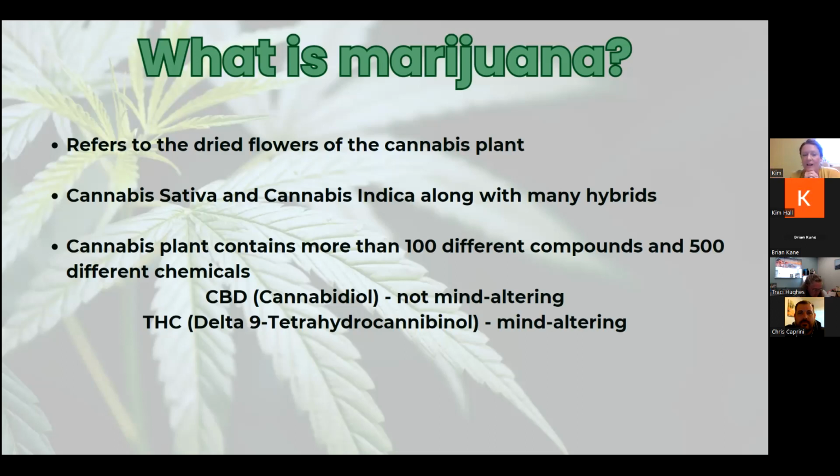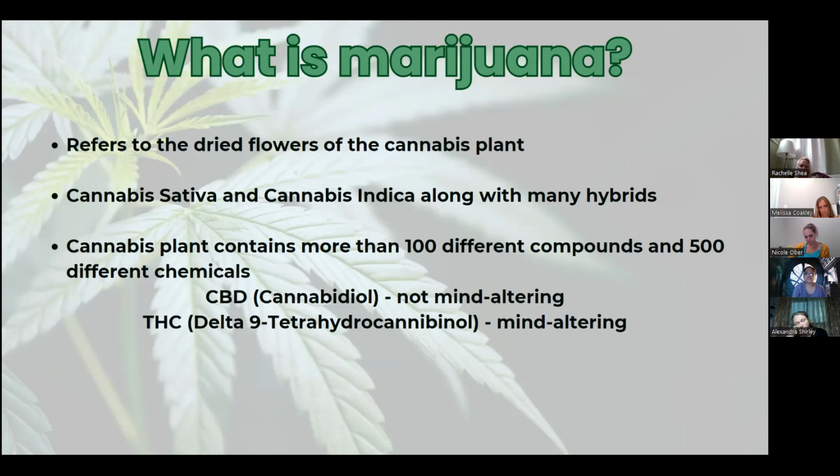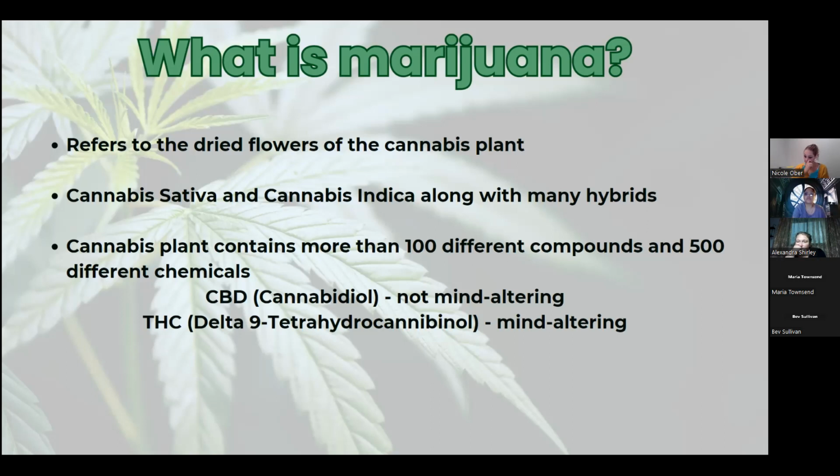There are scientists whose sole purpose is looking at this plant and figuring out different ways of making it stronger, higher in THC versus CBD, and making it have an impact in different ways. So again, lots of hybrids. The difference between the sativa and the indica is basically that the sativa is used for energizing, and the indica is more for relaxation purposes.